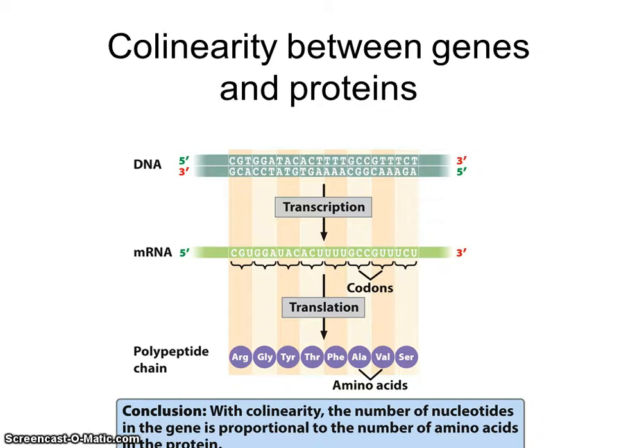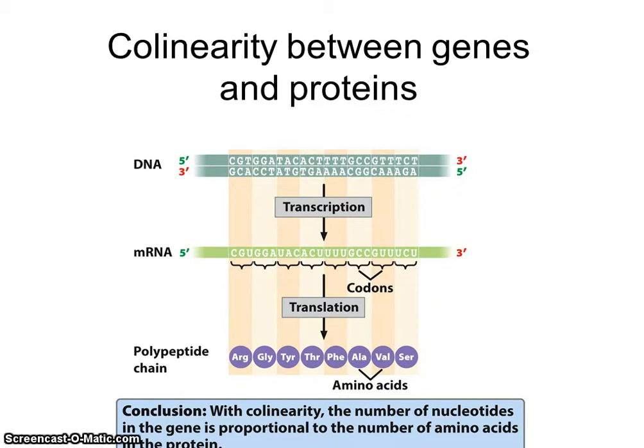And so we soon realized that there is not necessarily a 1-to-1 correlation between the DNA sequence and the polypeptide chain sequence, such that lengths of DNA that are, say, 300 bases long don't necessarily yield polypeptide chains that are 100 amino acids long.